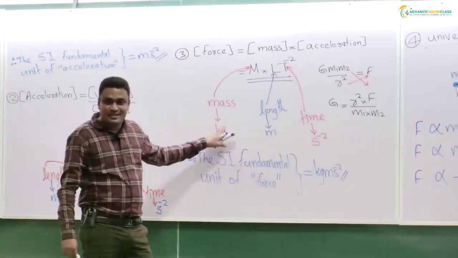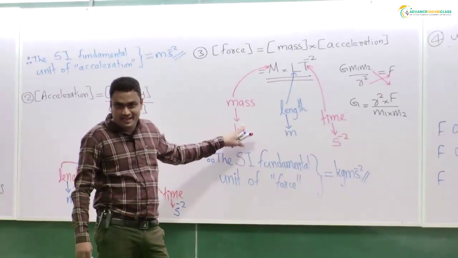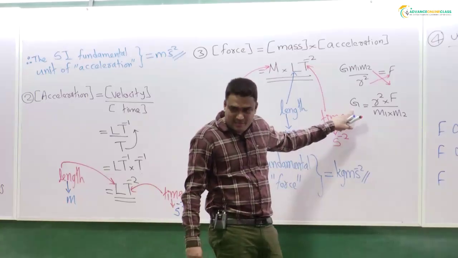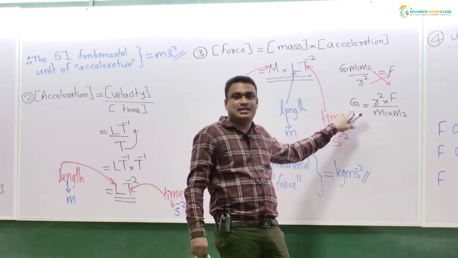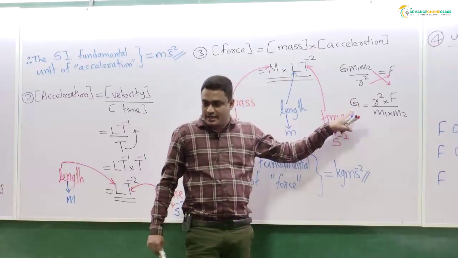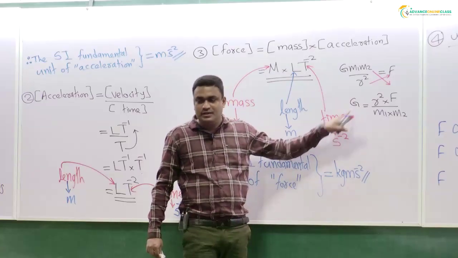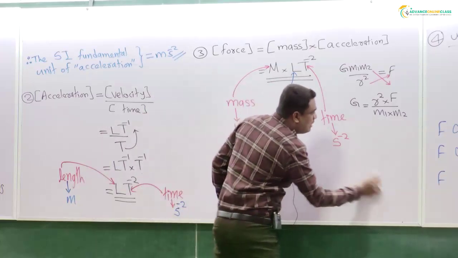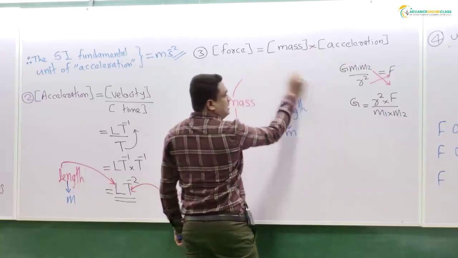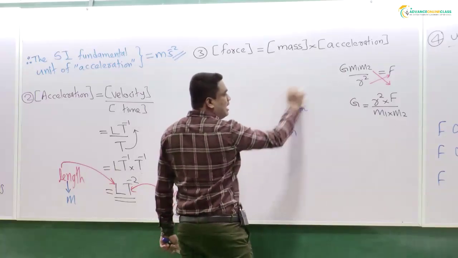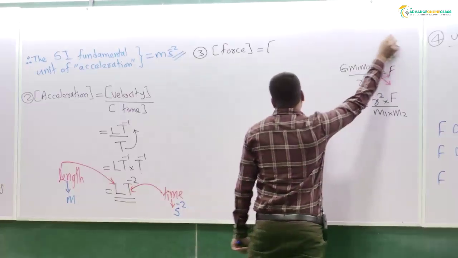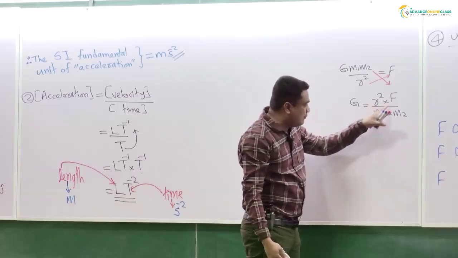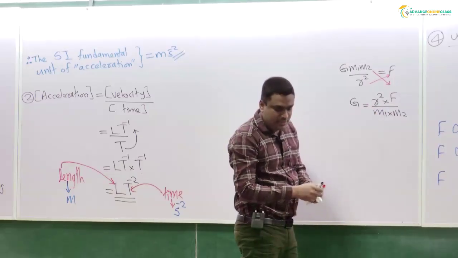Right. What is our target? Don't forget the aim. What is our target? Finding the fundamental unit of capital G. Look at the board there. We have found that capital G equals R square F over M1 M2.